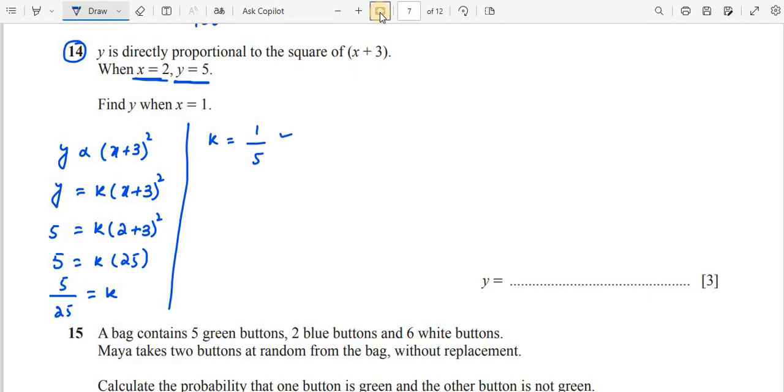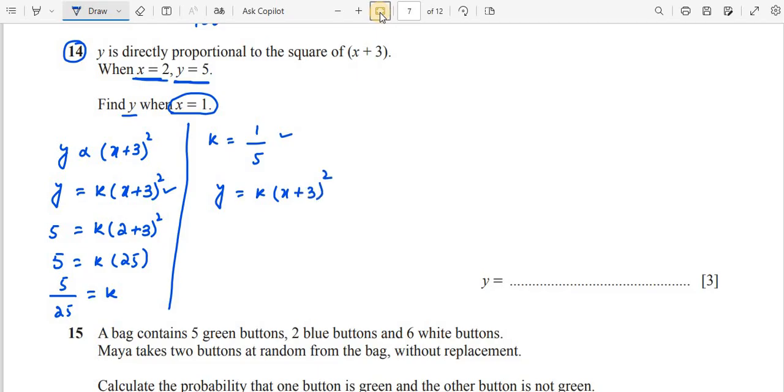And now find y when x is equal to 1. Using this formula, y is equal to k into (x plus 3) square.